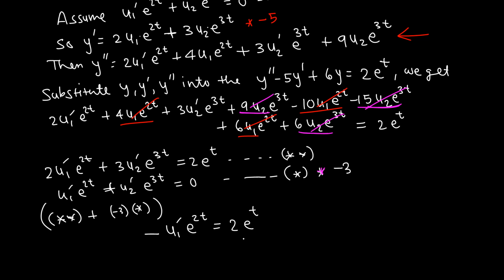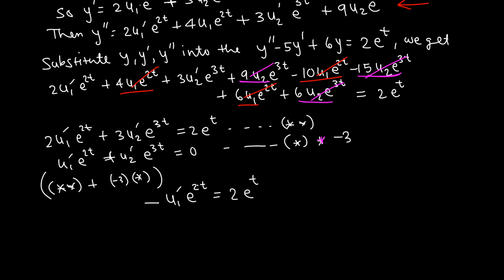From this, let's find u1 prime. So divide by -e to the 2t. So u1 prime is 2 e raised to t already in the right hand side, divided by -e raised to 2t, a negative in the front, e to the t, move this to the top, t minus 2t, -t. So this is -2 e raised to -t. That's u1 prime.